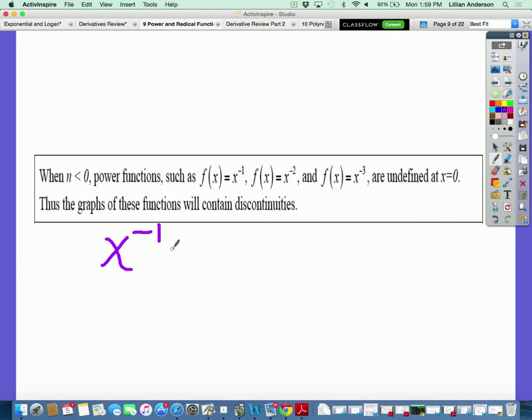It gets split. So this is the same thing as what? A reciprocal function, 1/x. Okay? X to the -2 will be what? Not 2/x. 1/x².